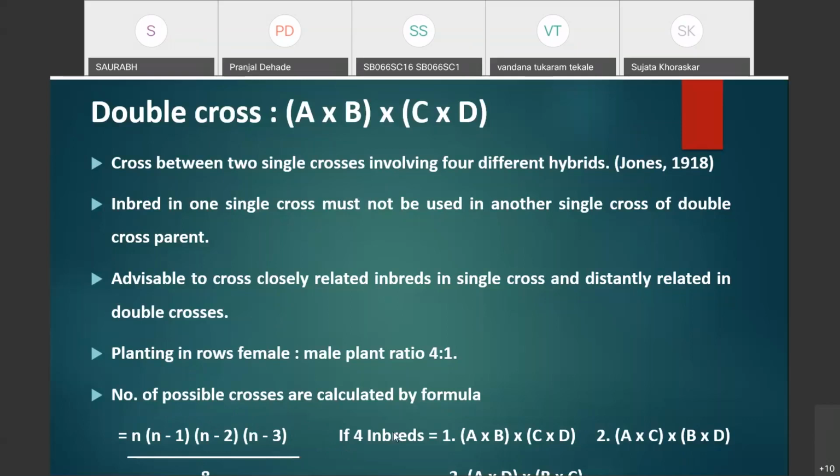The first is A into B and C into D, the second is A into C and B into D, and the third is A into D and B into C.